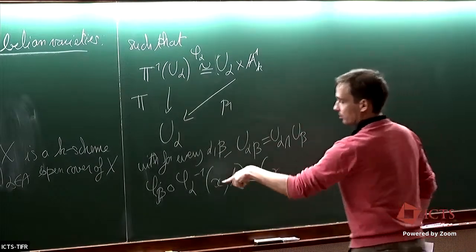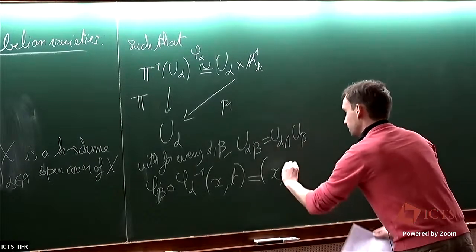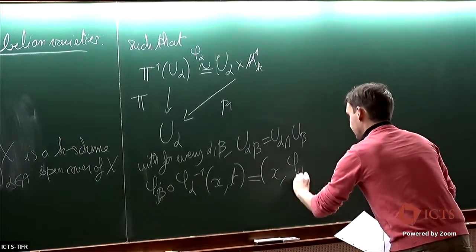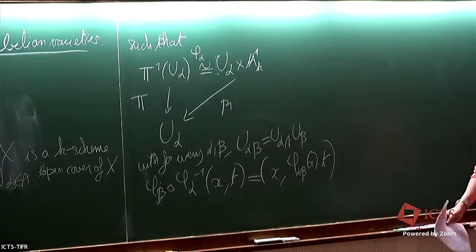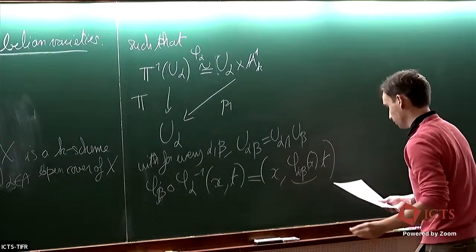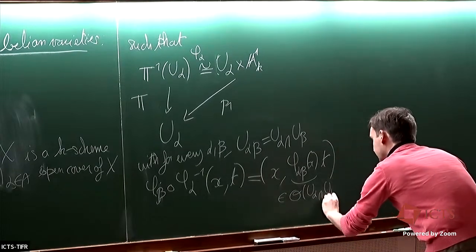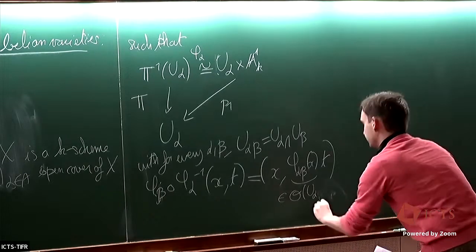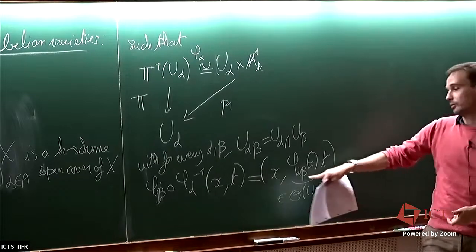What's interesting is what happens on the second coordinate, so how you change it with the lines. And here it's phi_alpha beta of x times t. And this belongs to the regular functions on X on U_alpha beta, and star, because when you do this with beta alpha, you get the inverse.